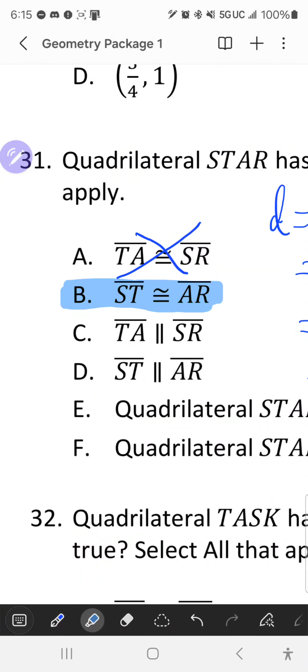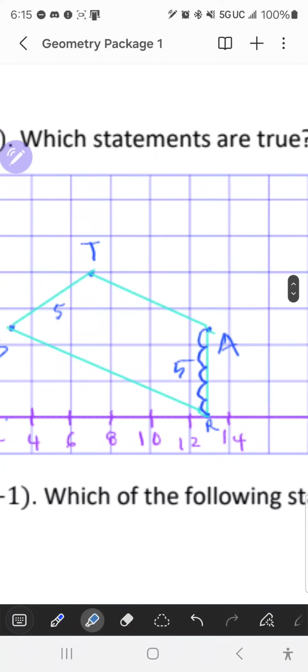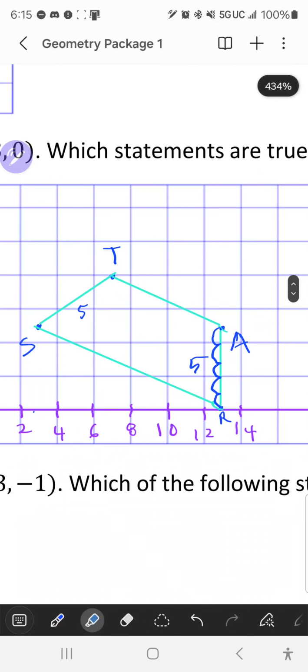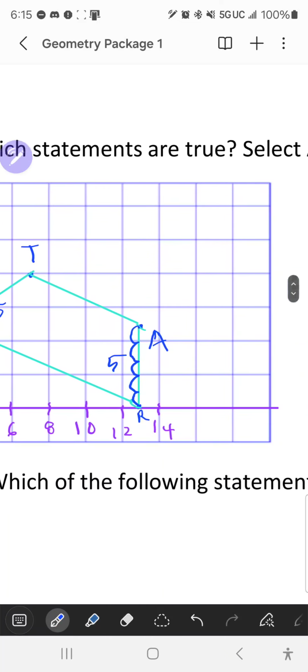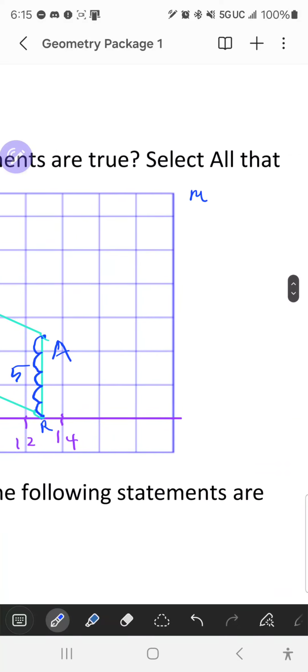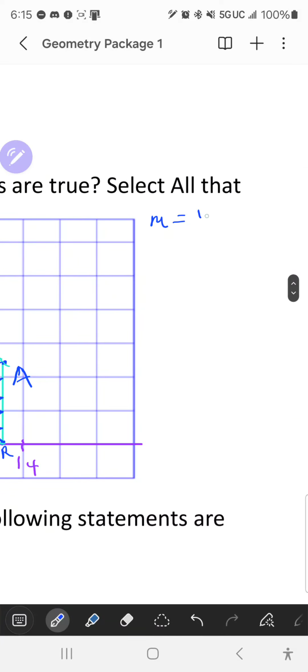Now, is TA parallel to SR? They appear to be, but to make sure we need to know the slope. The slope is m, little m, that stands for slope, equal to y2 minus y1 over x2 minus x1.